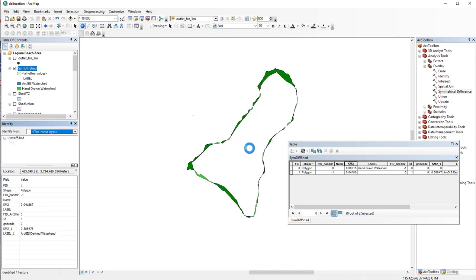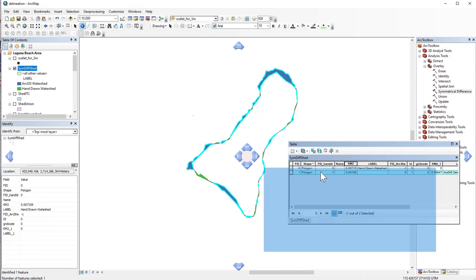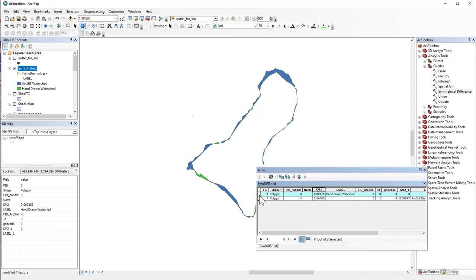So you have those two different areas of omission. If we highlight this one, the 0.04 square kilometers are parts of the ArcGIS watershed that are not included in the area of overlap, and the 0.00715 are those areas of the hand-derived watershed that are not included in the ArcGIS-derived watershed.